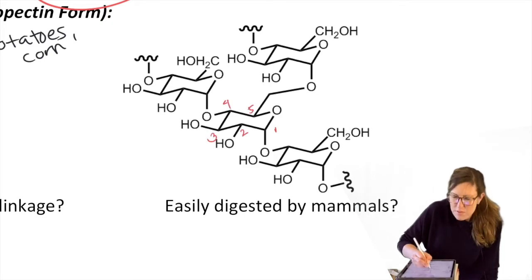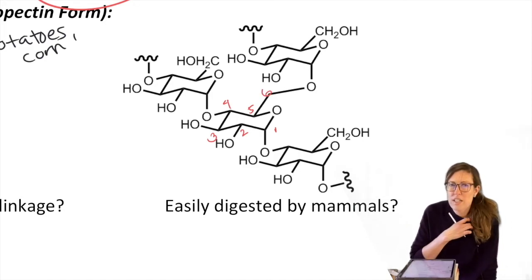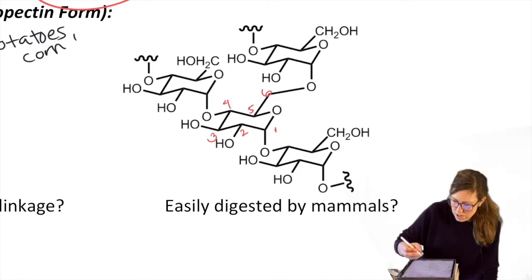But look at my number 5. It's actually connected to another sugar. So I'm going to keep numbering until it gets to the new sugar. That 6th carbon actually connects to it. So let's number it again: 1, 2, 3, 4, 5. So some of the carbons on carbon 6 are attached to another one.